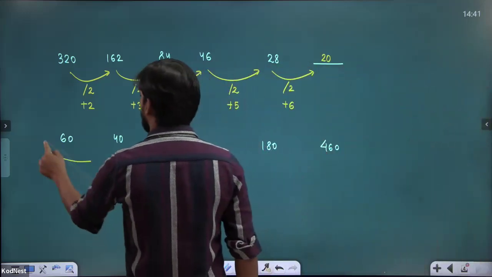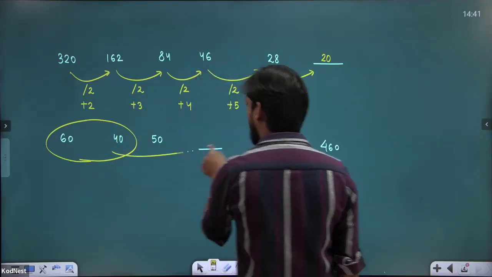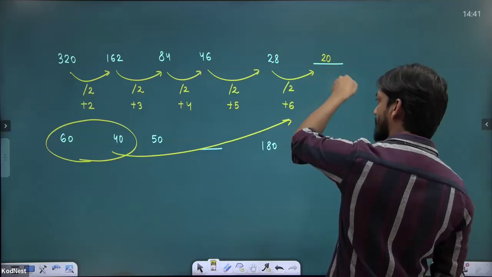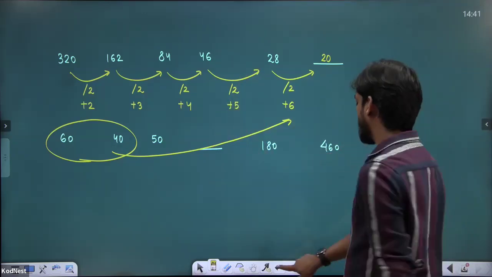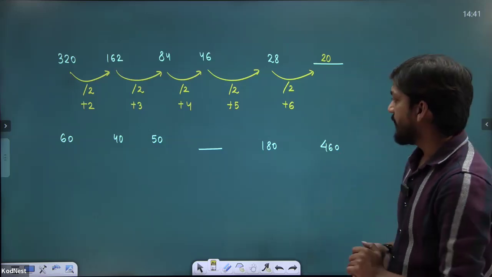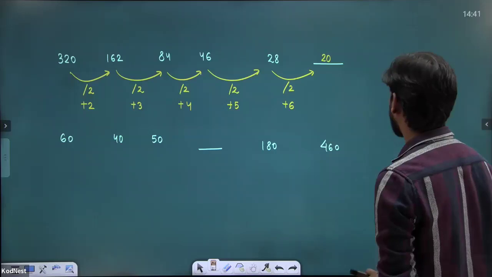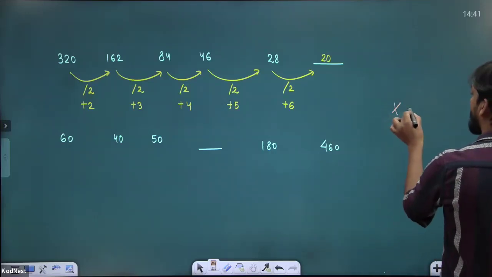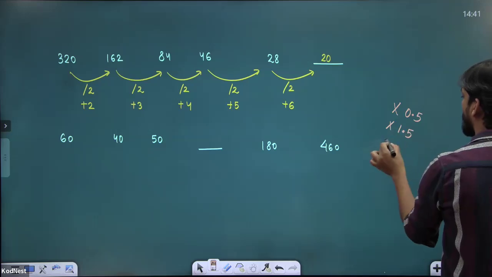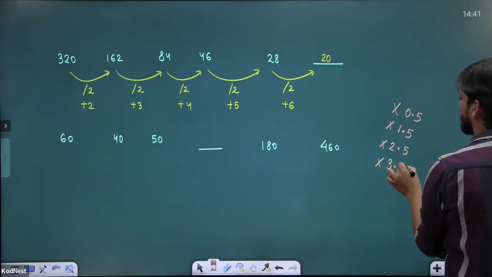Don't take this part because here value is decreasing. Here the value is increasing. From 40, value is increasing. So start from 40. So carefully answer. I'm asking you something and giving you one hint. You have to try multiply by 0.5, 1.5, 2.5, 3.5, like that also.